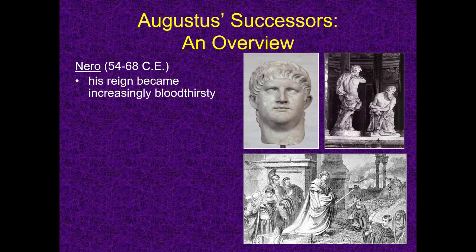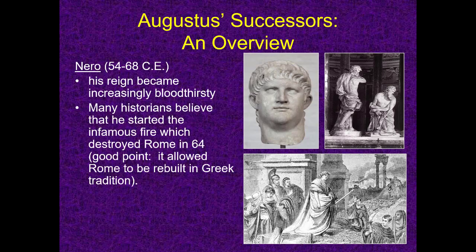There's some that say that he was the one that actually set the fires, or had them set. There's a lot of conspiracy theories surrounding Nero, but it's because he was an emperor who was very unstable. He was also a little bit insane, we think, may have been suffering from a disease of the brain. And it is believed by many that he started this fire which destroys Rome.